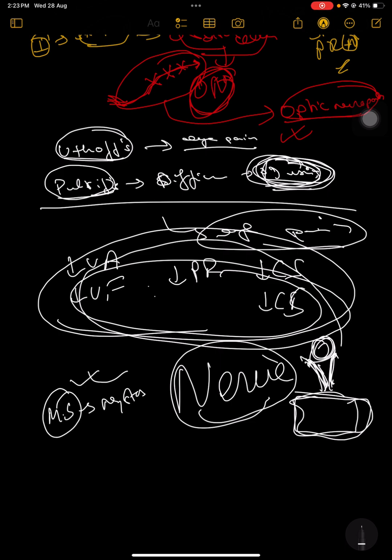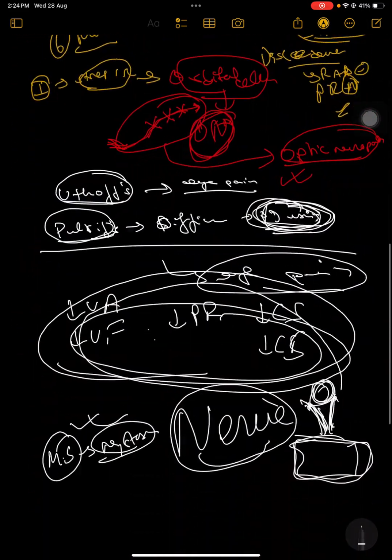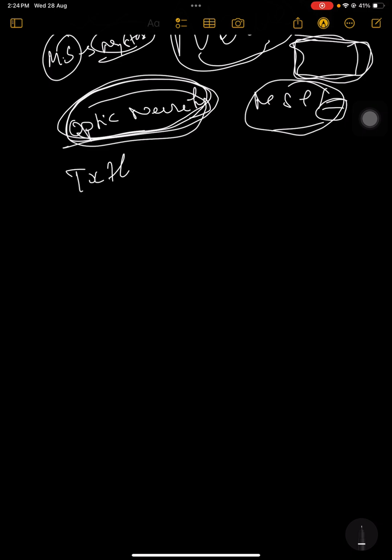Now remember that someone who is having multiple sclerosis can also present with nystagmus sometimes. If the patient has multiple sclerosis and you diagnose a case of optic neuritis, or you simply diagnose optic neuritis, there might be multiple sclerosis, there might not be, there might be other conditions. What will be your treatment for optic neuritis?